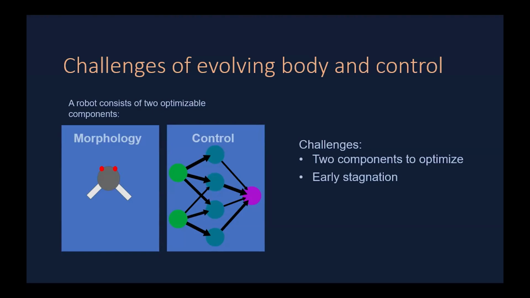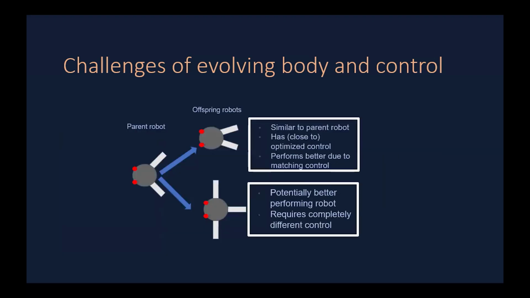This makes it two different components to optimize, and this can often lead to early stagnation because new robot morphologies have not been optimized properly to find optimized control.